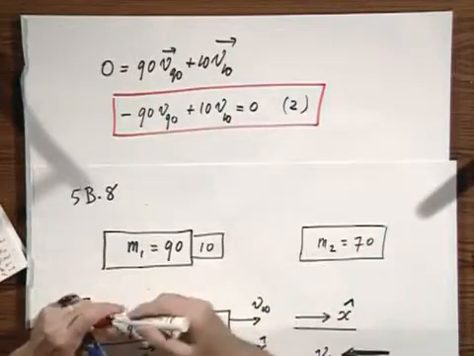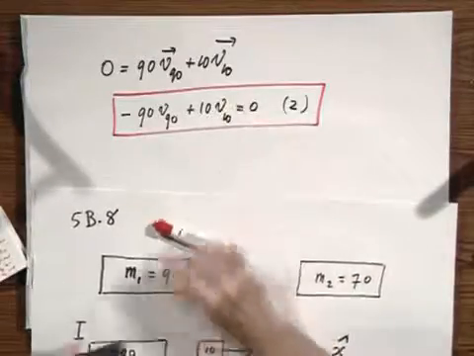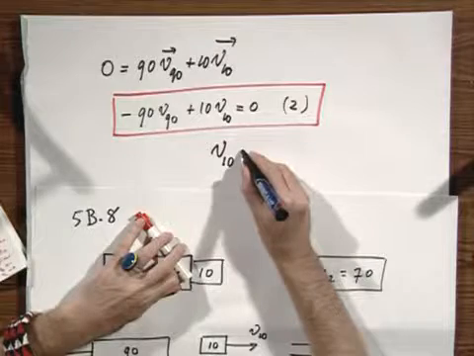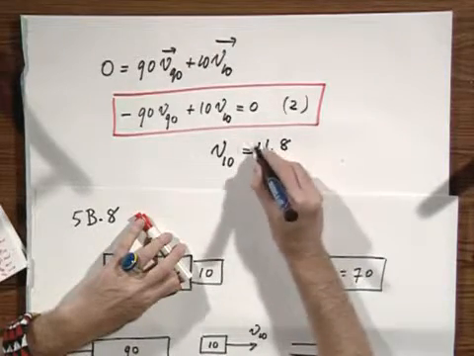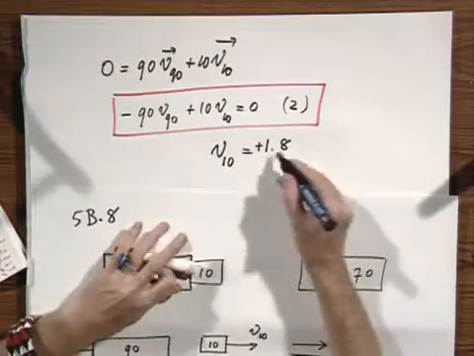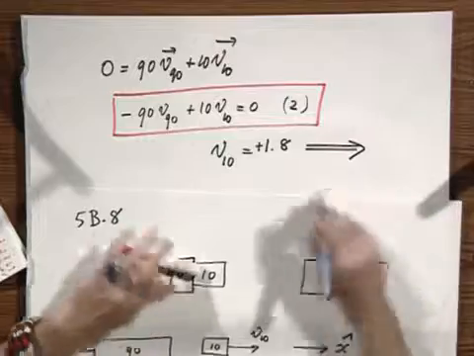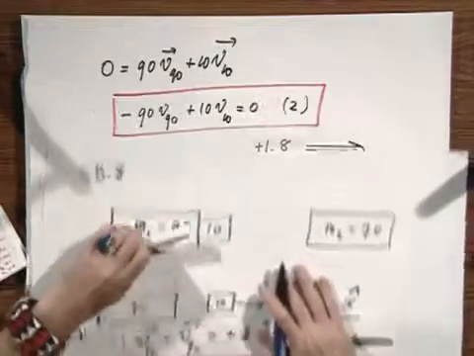Well, I have now two equations with two unknowns, and what do I find? I find when I solve it that V10 equals 1.8. It better be positive. If it doesn't come out positive, I would have made a mistake, because all the numbers must be positive, because the numbers that I've put in are speeds.